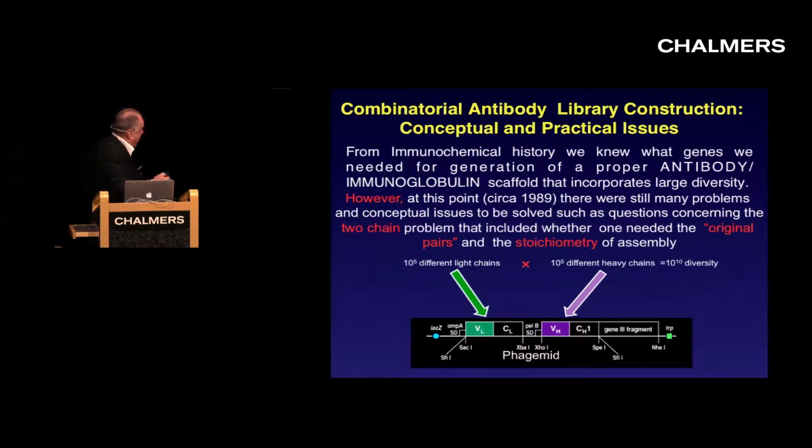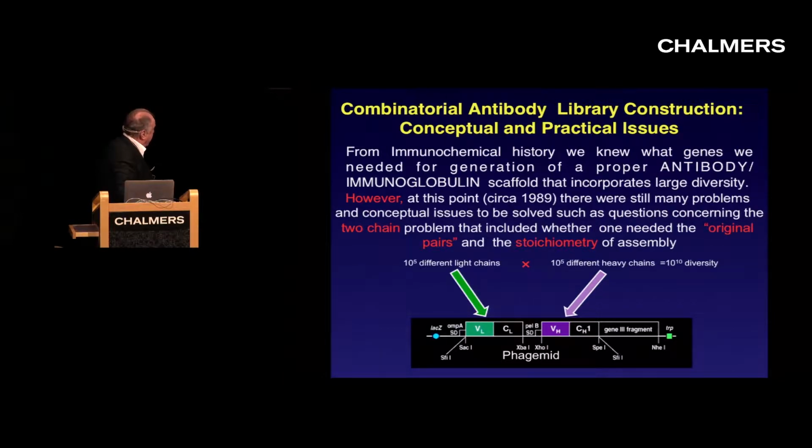The not so real problem was the erroneous concept that you need the original pairs. As I'll show you in a moment, in our immune systems, we have one antibody, we have 10 to the 8th, but each one is packaged separately. So you wouldn't buy 10 Christmas gifts and put them in one package and throw them on the floor. I mean, it's a packaging exercise. And so this packaging exercise and the stoichiometry problem, which was a real problem, was an issue.